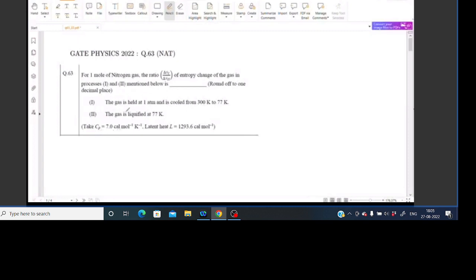In process 1, the gas is held at 1 atm and is cooled from 300 Kelvin to 77 Kelvin, and in process 2 the gas is liquefied at 77 Kelvin. So let's solve this question.